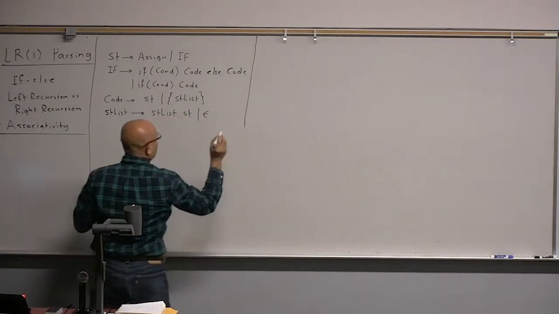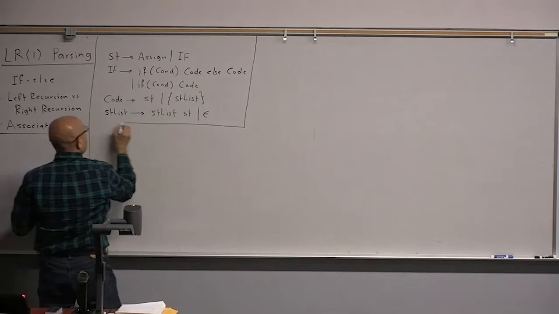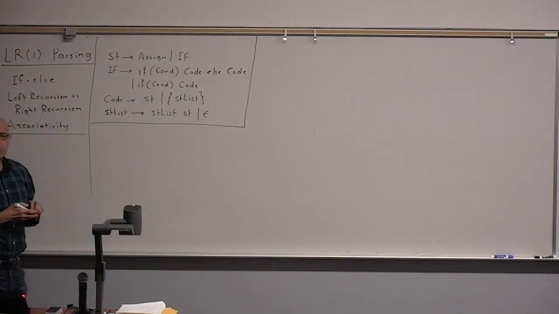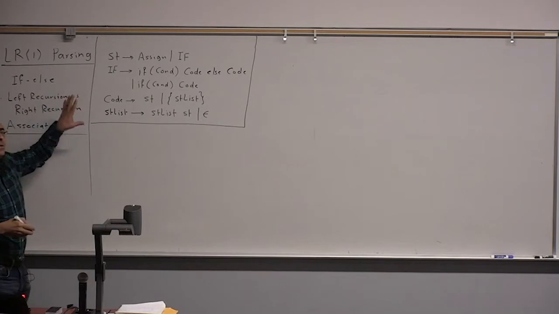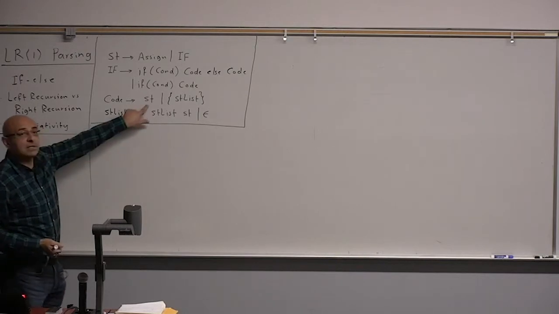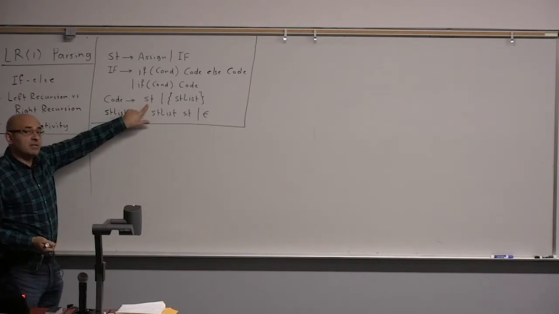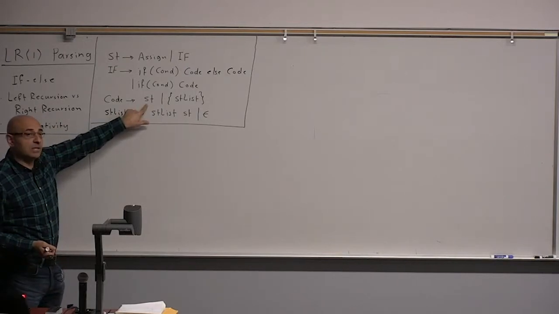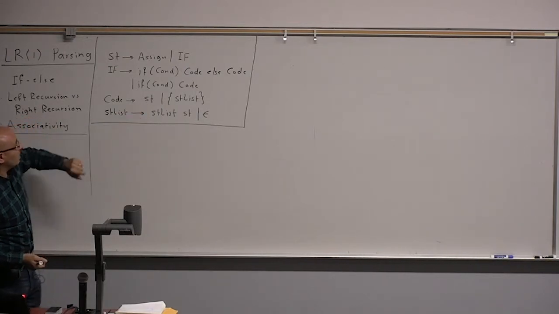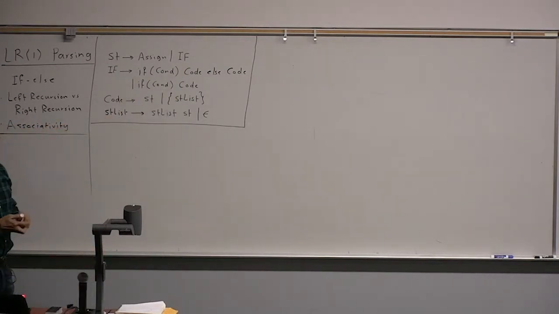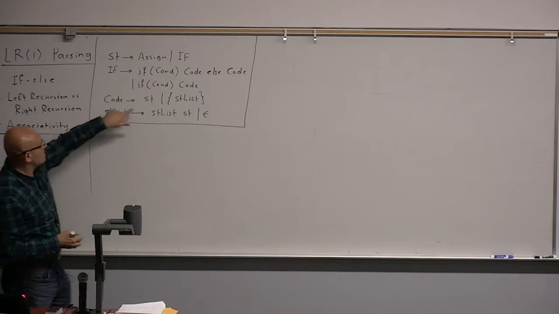Of course, I graded only 4 questions in the midterm, the first 4 questions, and I graded this question, and in fact only a few students got this completely correct. The part that most students missed is this. Most student grammars did not allow a single statement to be the code after the else.